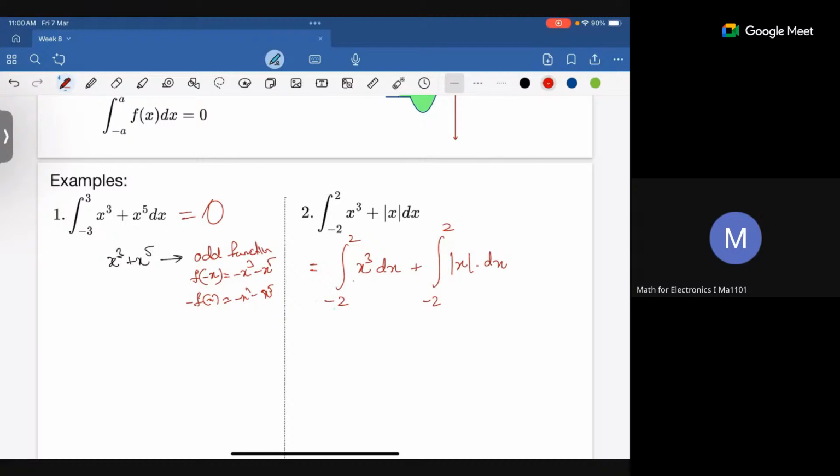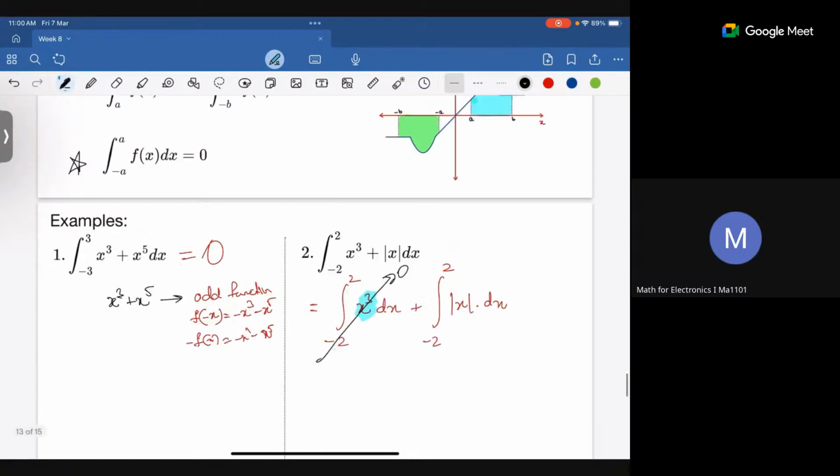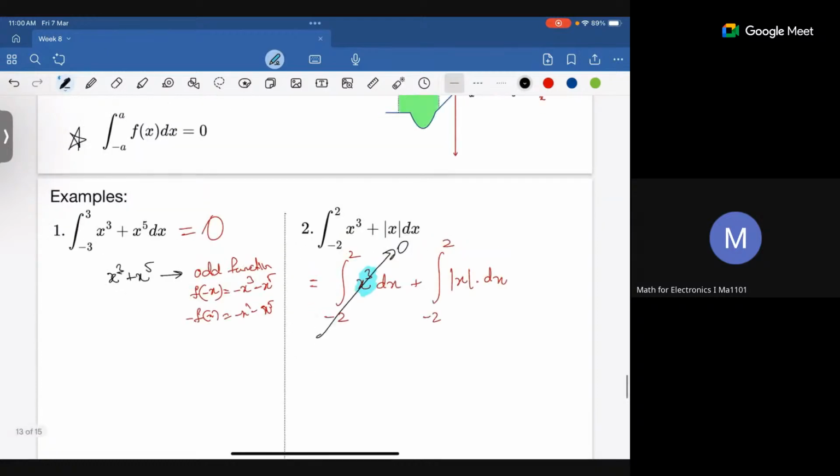Now x cube is an odd function, right? So this integral will go to 0. This property is really helpful for us, at least in solving problems. Okay, so this will go to 0.